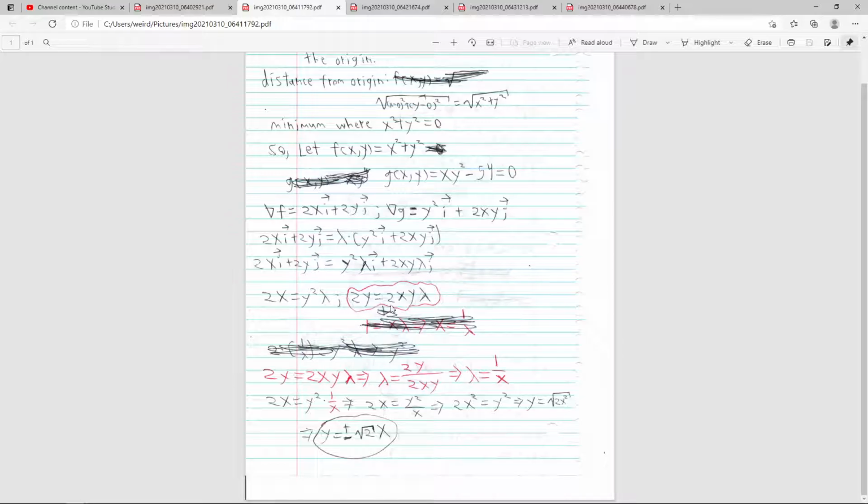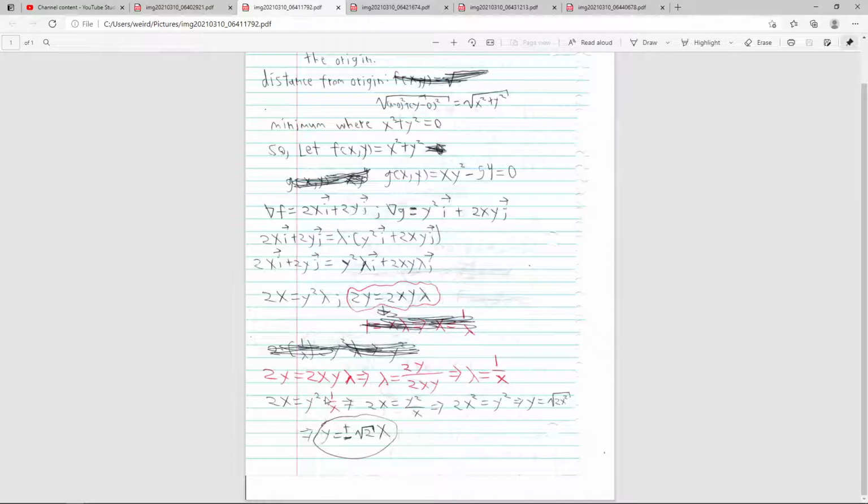And 2y equals 2xy lambda as well, from the j component. So 2y equals 2xy lambda implies that lambda equals 2y over 2xy. Solving for lambda, I get lambda equals 1 over x.